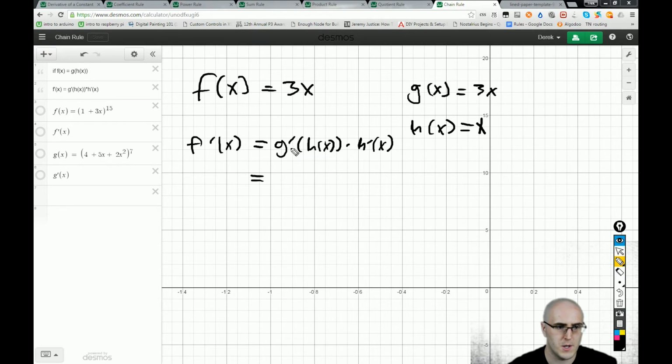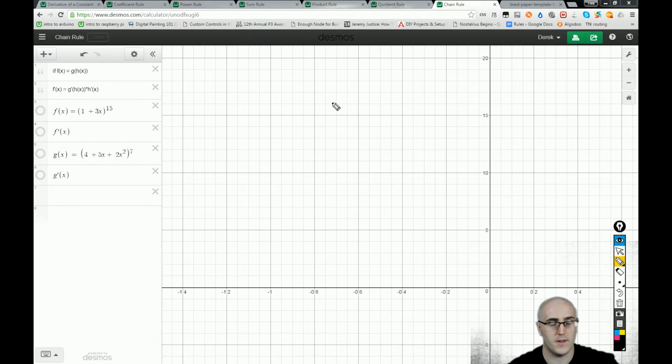And that would give us our g prime, which is 3, and it won't have an x in its derivative, times h prime, which is 1, which is what we would have got based off of any number of rules we would have done already. So it's actually the product rule, or the chain rule we're using going forward, or all along.